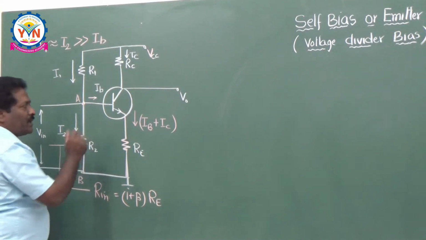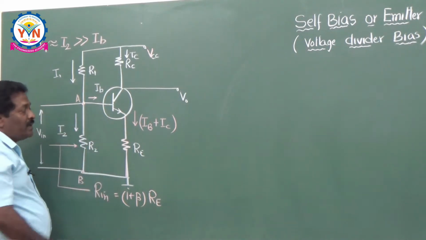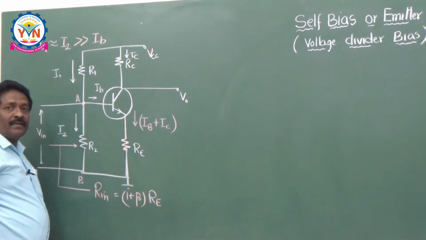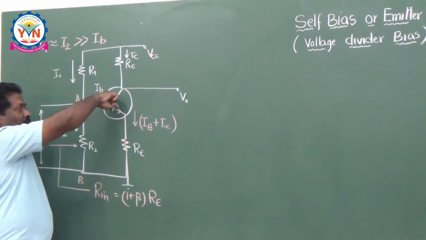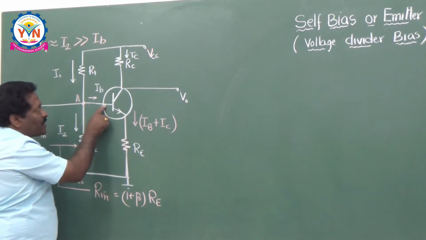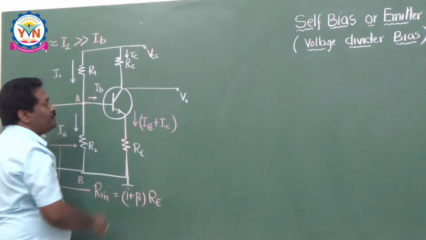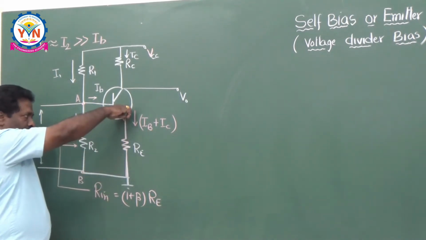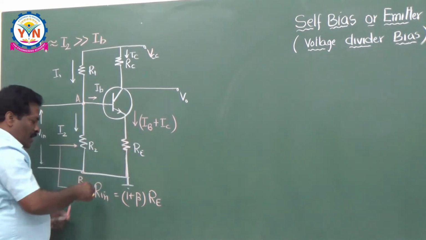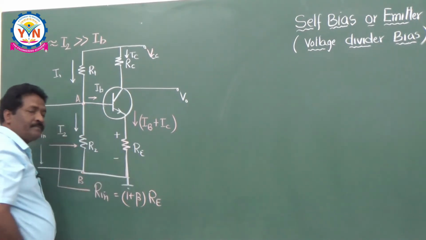And one more thing: it is called an emitter bias circuit. The reason is very simple. Among the currents flowing through this Re, IB is coming from here and IC is coming from here, so the total current is IB plus IC. This IB plus IC enters Re and produces a voltage drop across it, with plus and minus polarity as marked.